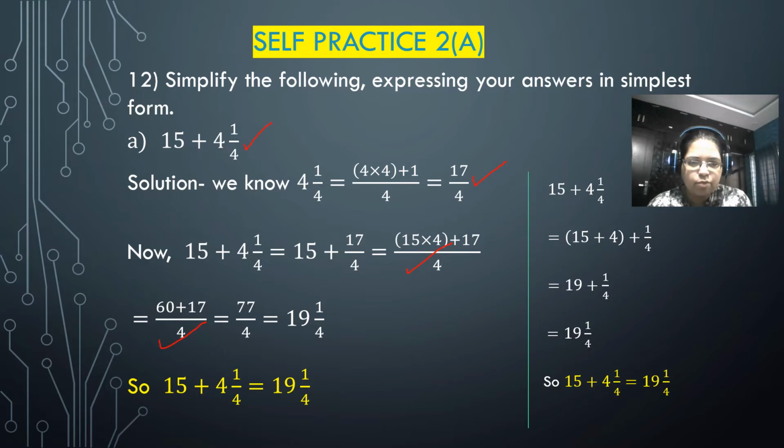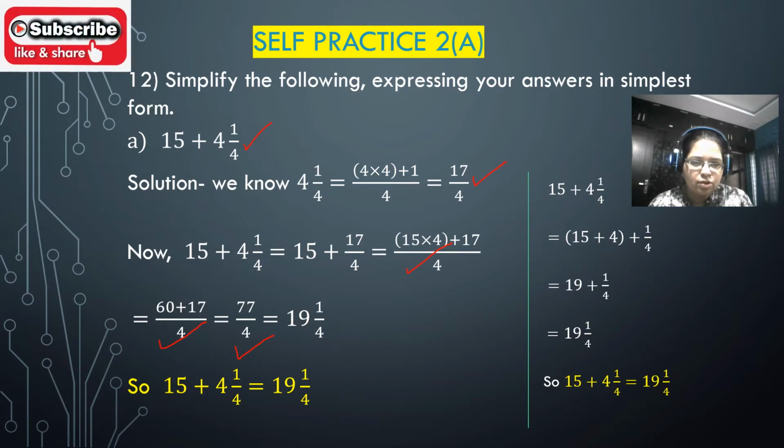77 by 4 is an improper fraction. We have to convert this improper fraction into a mixed fraction. 77 is the dividend and 4 is the divisor. Divide the dividend by the divisor: 77 divided by 4 gives 19 as the quotient.